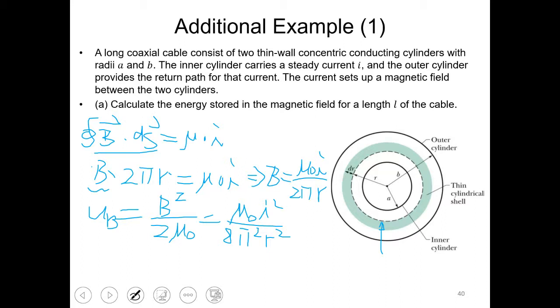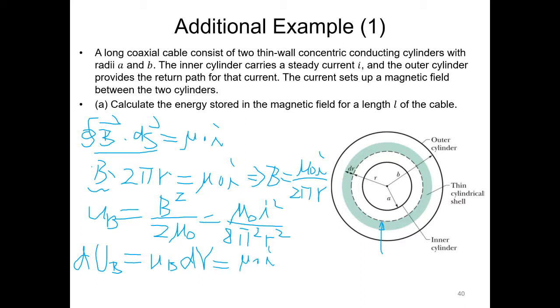So we can write dUB. UB is the energy density times the infinitesimal volume. So we'll have mu 0 I squared over 8 pi squared r squared dV.